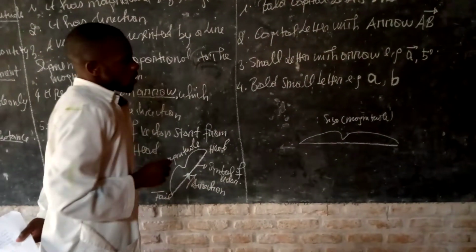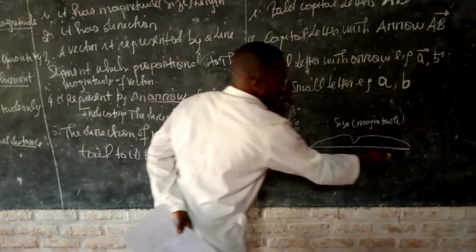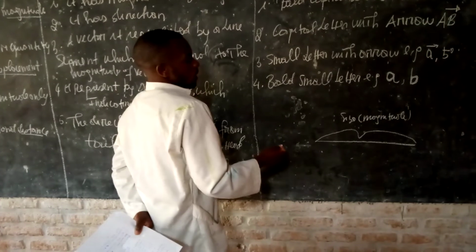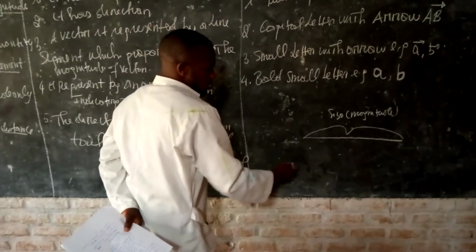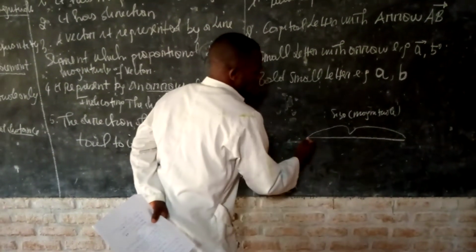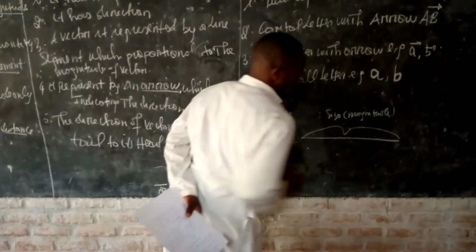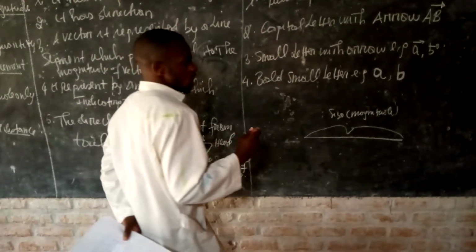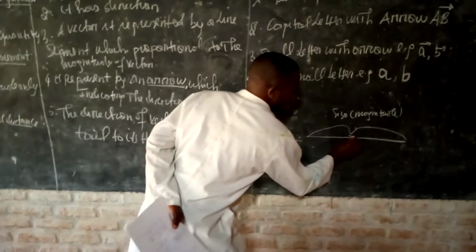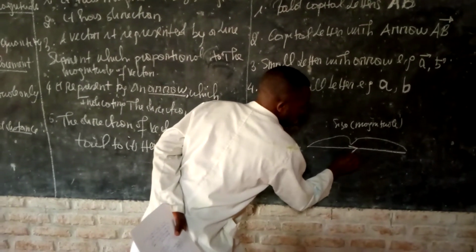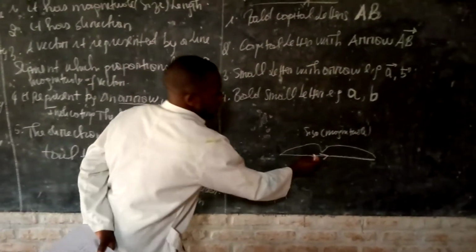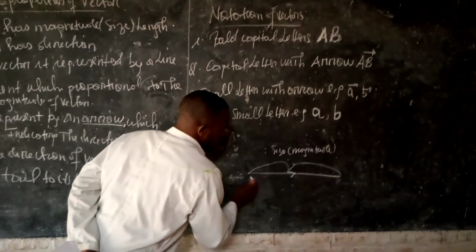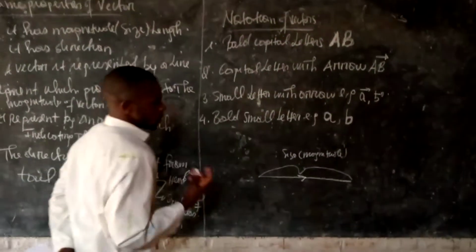So now, if you want to represent where it starts and ends, meaning the starting point and the ending point, first of all you have to use this arrow. It indicates direction, the starting point and the ending point.